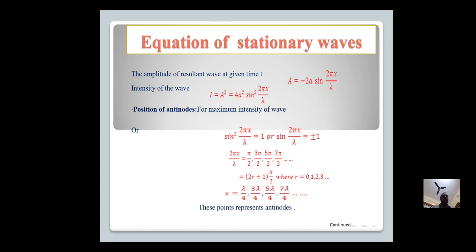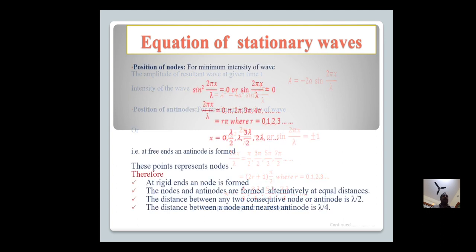On solving this, we get x equal to lambda by 4, 3 lambda by 4, 5 lambda by 4, and so on. We get antinodes. So unlike the free boundary, here we get the first antinode at lambda by 4, while in that case we get the first antinode at 0.